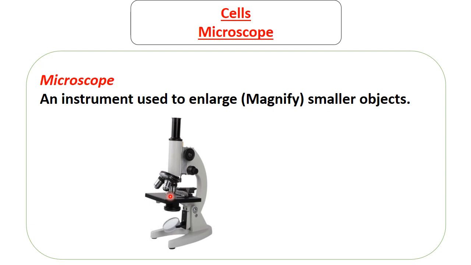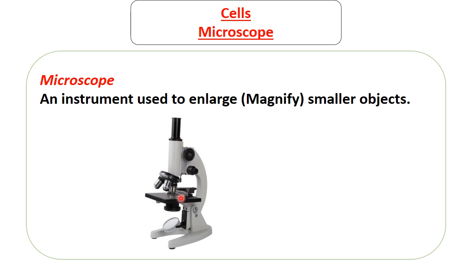Another part of the microscope is here, called the mirror. What the mirror does is, if there is light from an external source, that light will come and be reflected here. There is an opening here, so it will be reflected and go to where the object is.